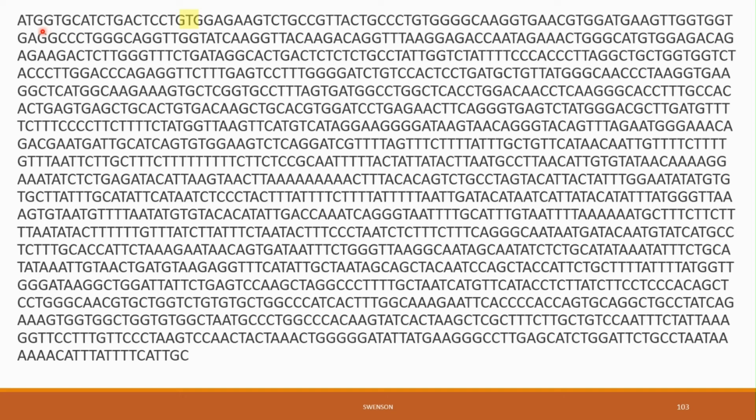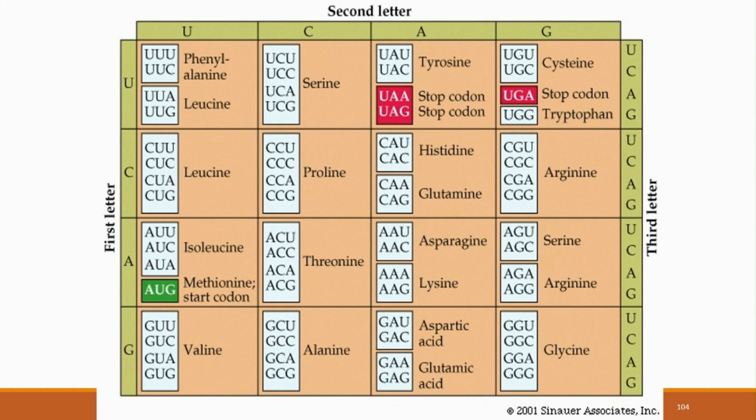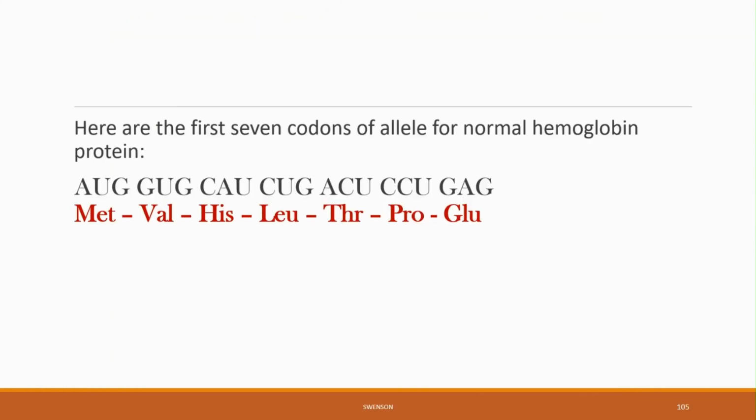So here's the ATG or AUG if in mRNA. That's the start codon. So not too far down the road here, we have a substitution for what was an A for a T. And when we use the codon chart, here we have the first 7 codons of the allele for normal hemoglobin.